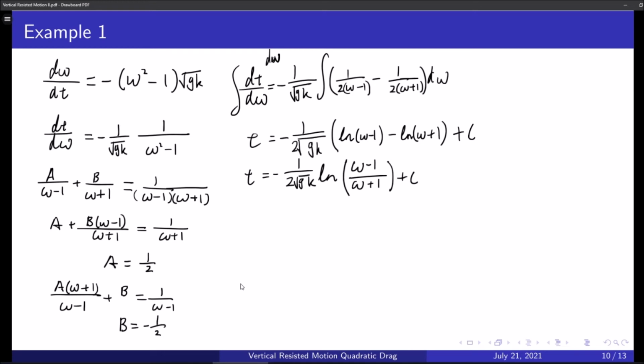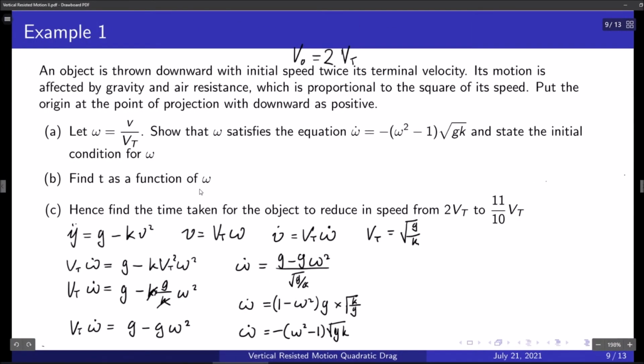So obviously c has to be positive, but we don't really have to find a general expression for c, because the question asked gives us initial conditions.